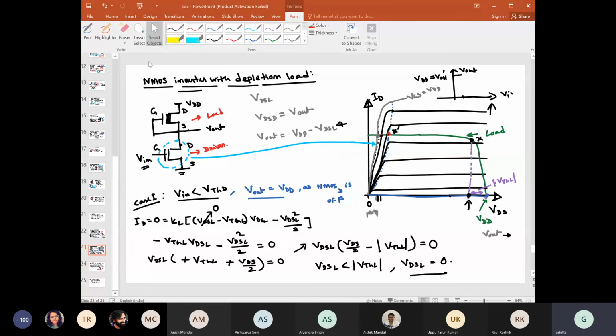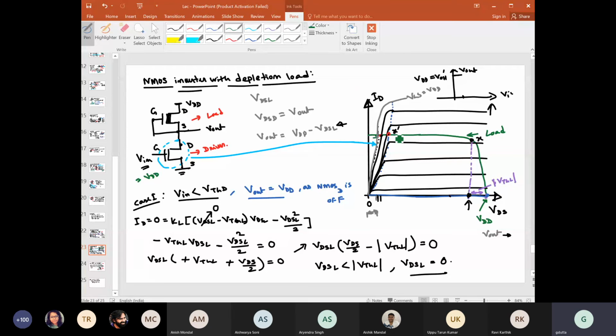For example, see from here, suppose you have applied V in equal to VDD. When you have applied V in equal to VDD, this transistor is on, right? But what about this transistor? Is this transistor off? No, this transistor is also on and it is conducting, as you can see from the green line.